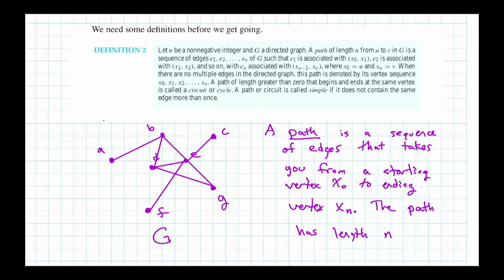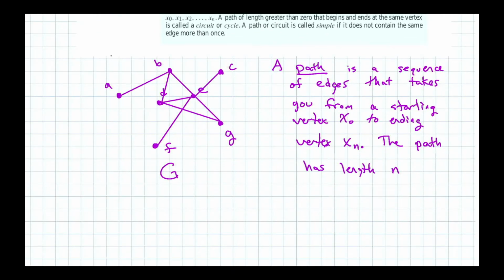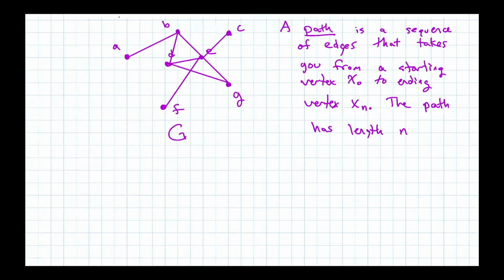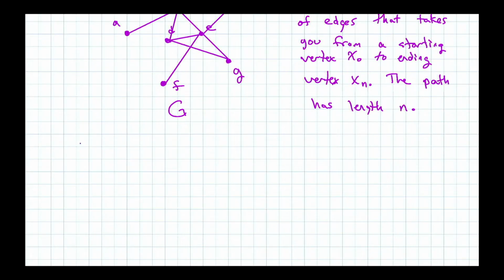Okay. So for example, if I go to this graph here, as an example, we're just going to have a path from, let's say, A to F. So I'm just going to draw a path from vertex A to vertex F, and I want to know what the length is.